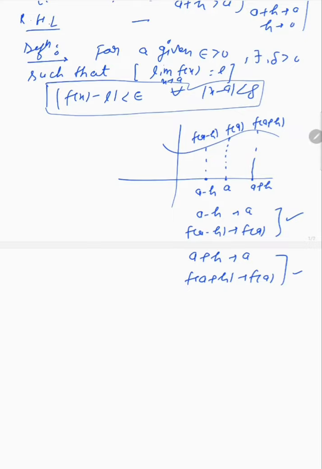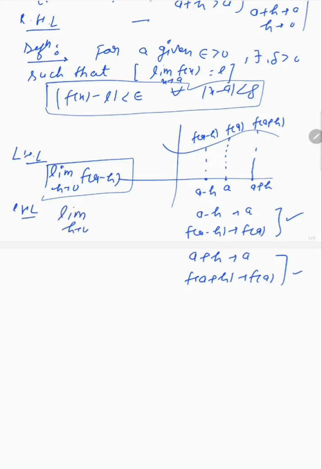So your left hand limit will be the limit as h goes to 0 of f of a minus h, and your RHL will be the limit as h goes to 0 of f of a plus h. These are called the LHL and RHL, and they are the approaching values of f(x) at x equals a.